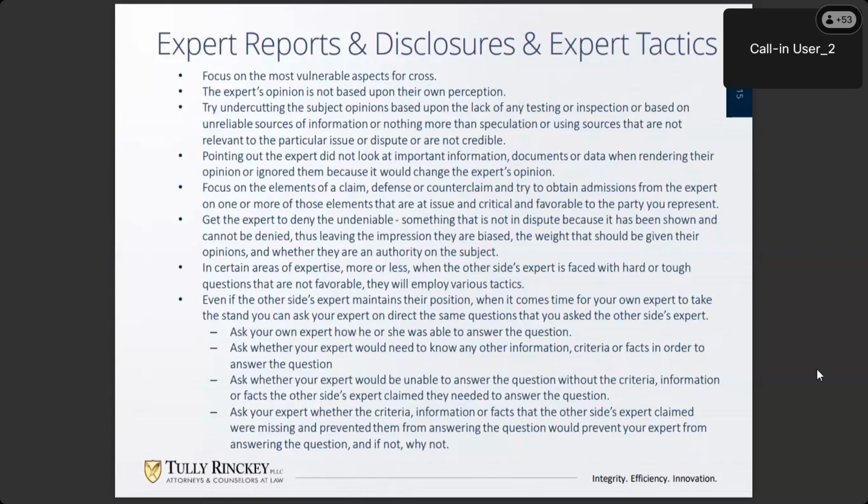Bring out during the cross-examination that this is a justification for not answering the questions. What they mean by that is it doesn't contain the critical criteria or facts that they deem favorable to their side. So that's one of the strategies to assist in overcoming the dilemma and being poo-pooed away by an expert.